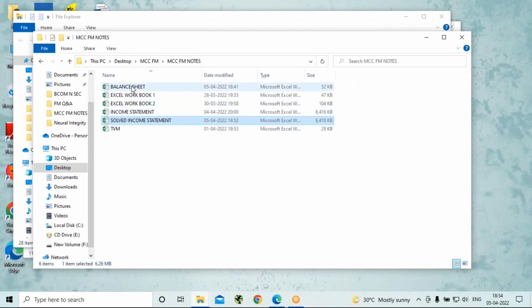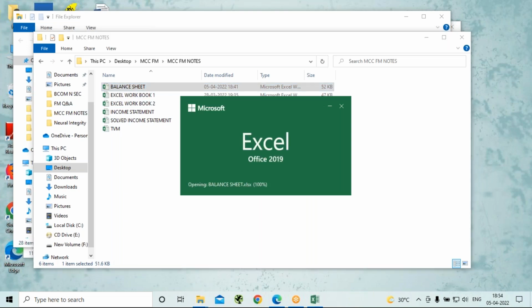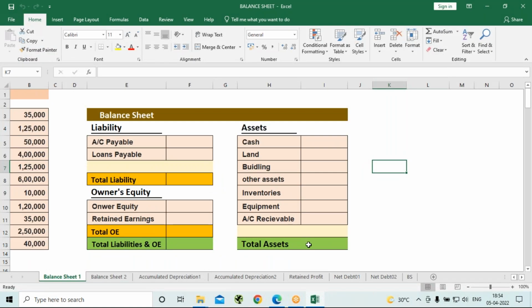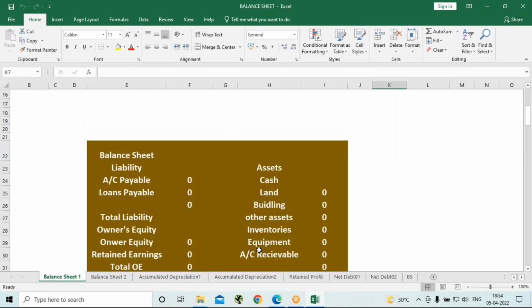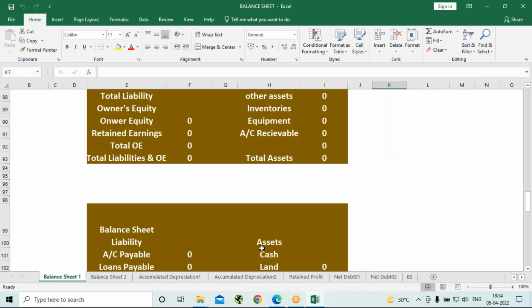So let me go to the balance sheet. I'll just check it out with all the details.